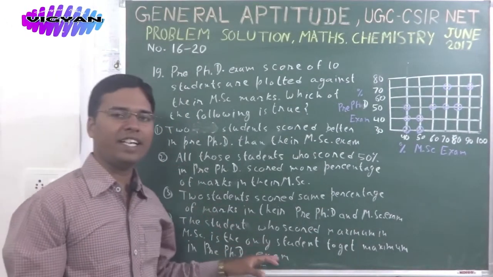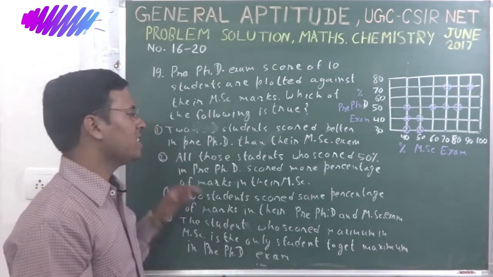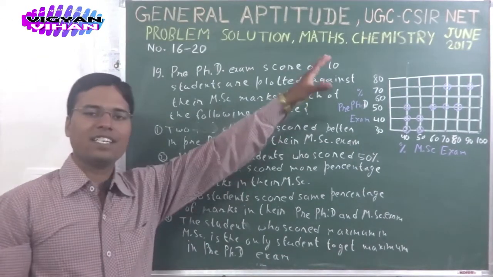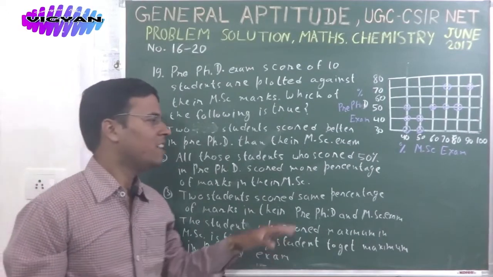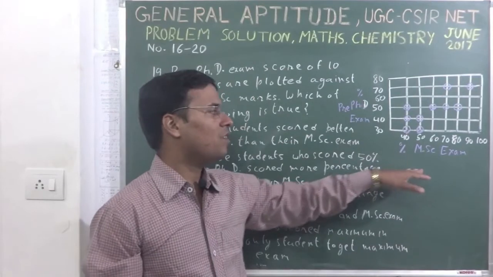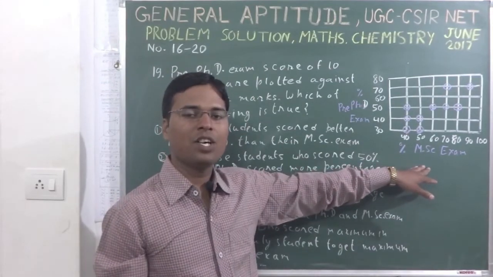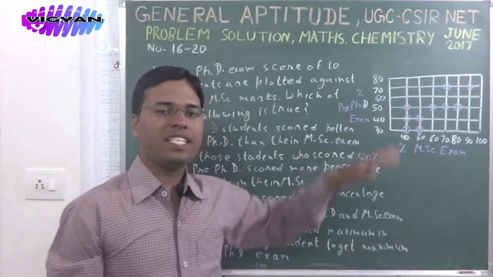We will have to find out a proper conclusion which is certain by the given information from the given 4 options. So first we will make the table of MSc marks for students and their PhD marks.